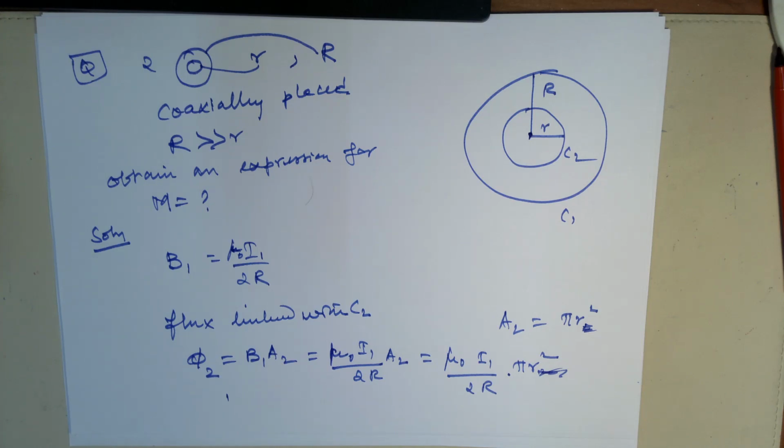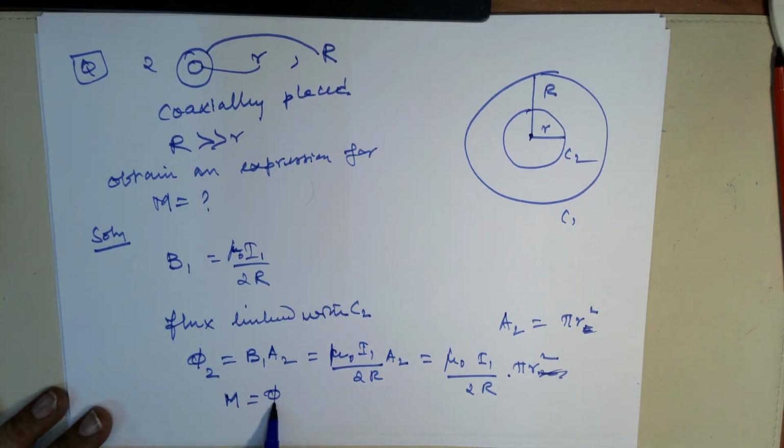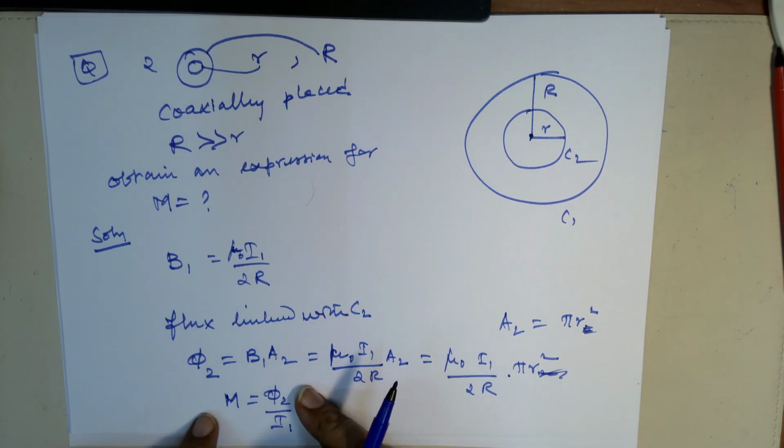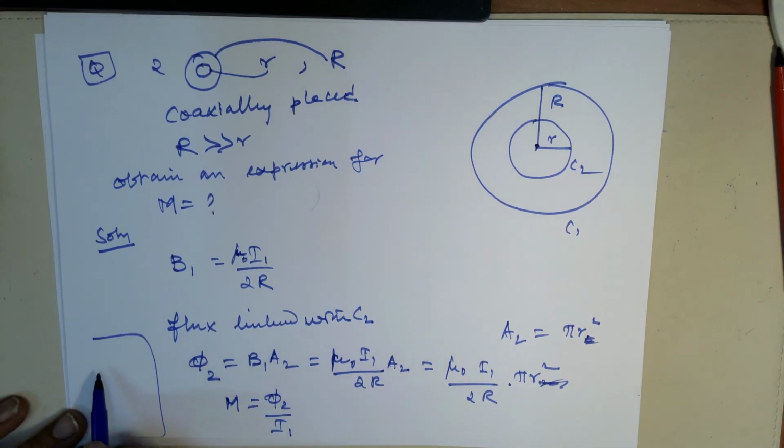Now, our objective is to get M. What is M? Mutual inductance is equal to phi 2 divided by I1, because phi 2 is equal to M into I1. That equation you know.